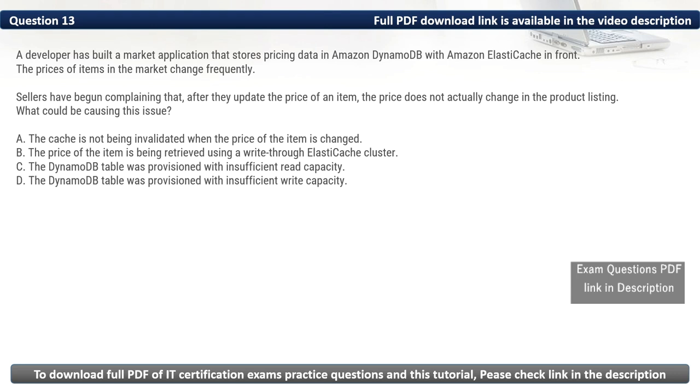Here in this question, when the price of an item is updated, the price does not actually change in the product listing. This issue could be caused because the cache is not being invalidated when the price of the item is changed. Thus, the correct option is A.